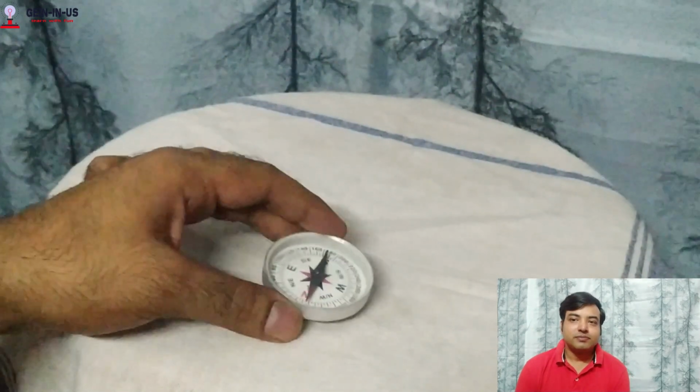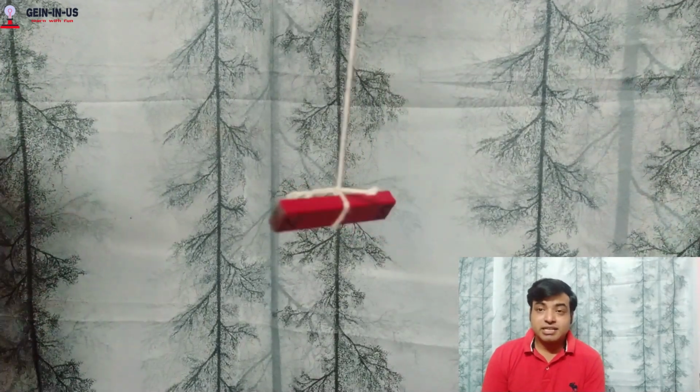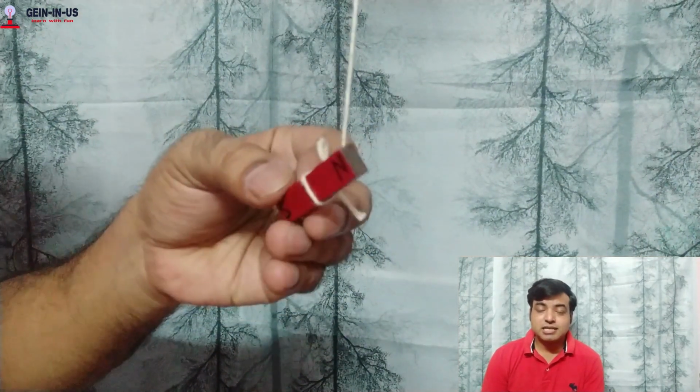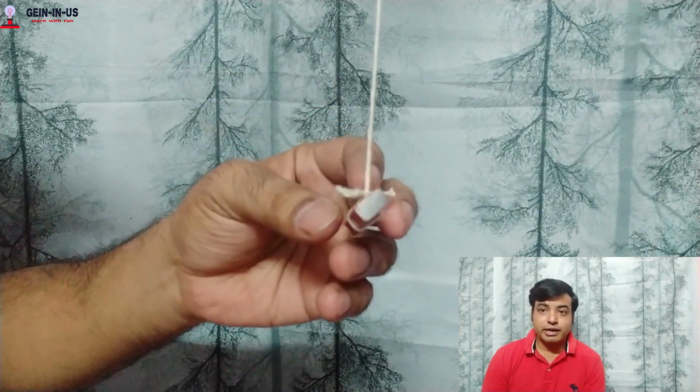When this magnet is aligning in a particular direction, this is the north and this is the south of the earth, and the magnet is pointing towards north and south, because the north pole of the magnet is always pointed towards the north pole of the earth and the south pole of the magnet towards the south pole of the earth.